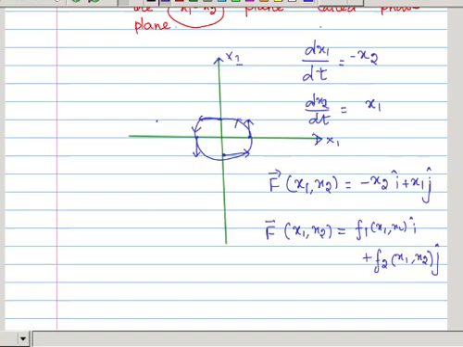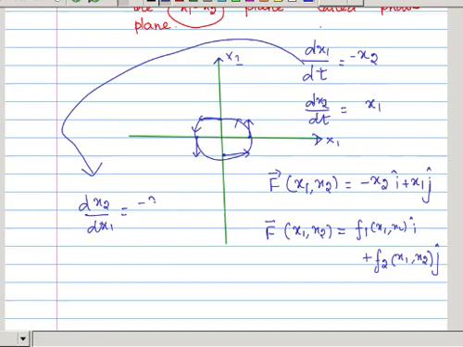Now if you solve it, how will you do it? If you take dx2 divided by dx1, it is nothing but minus x1 divided by x2. So this implies, if you do the separation of variables method, you will get x2 times dx2 equal to minus x1 times dx1.